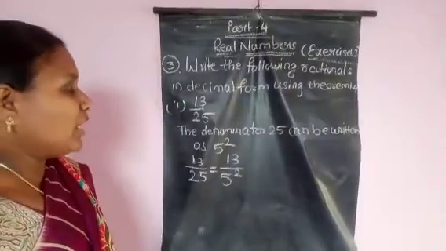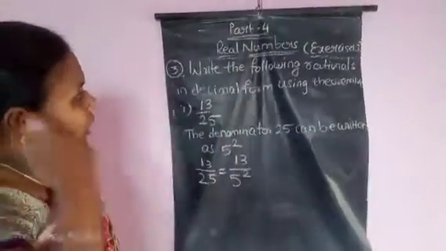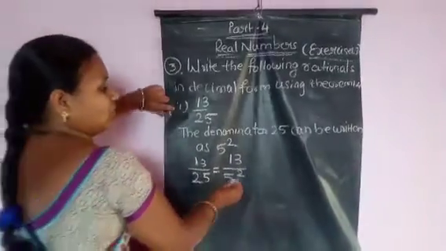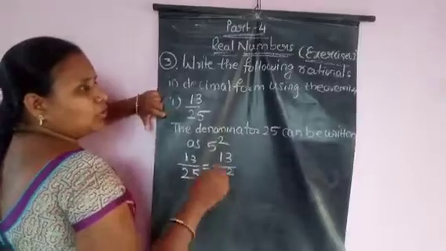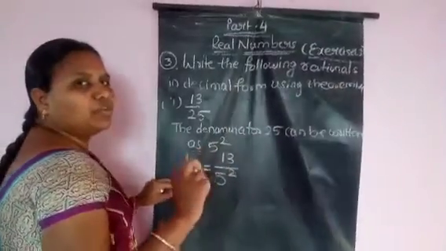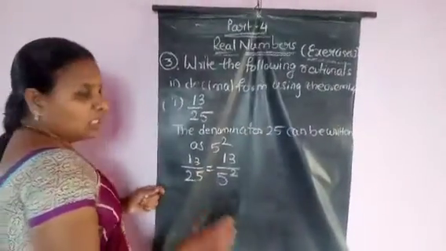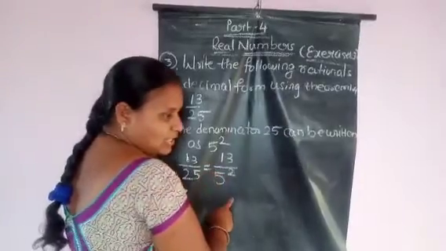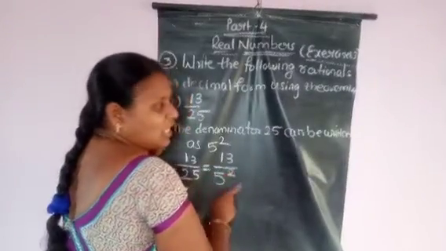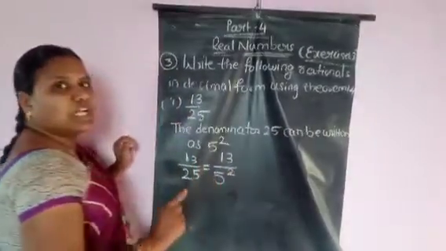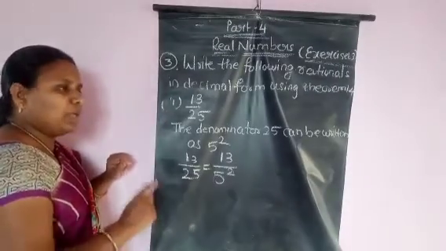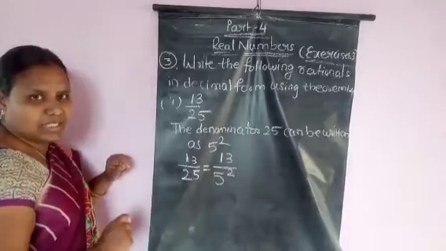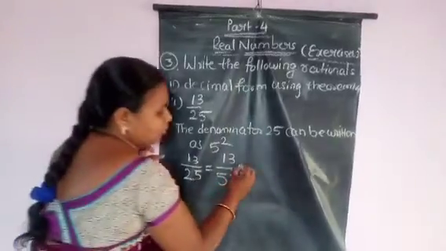If q is of the form 2 to the power of n into 5 to the power of m, then it terminates. To change the denominator to tens and hundreds, I am going to multiply.